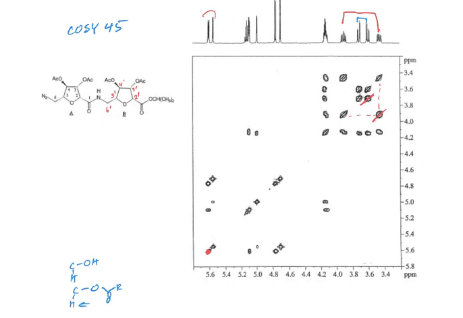Can we look at those for H6 and H6 prime? Those two diastereotopic pairs have different coupling though. Notice this one is just two doublets of doublets, and this one is more complicated, right? So can we use that observation to predict which one goes to H6 and which goes to 6 prime? Yeah.